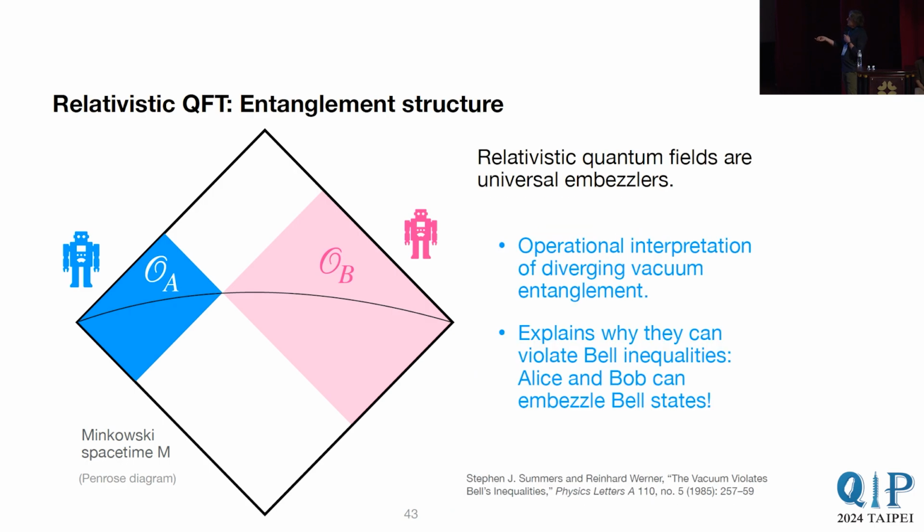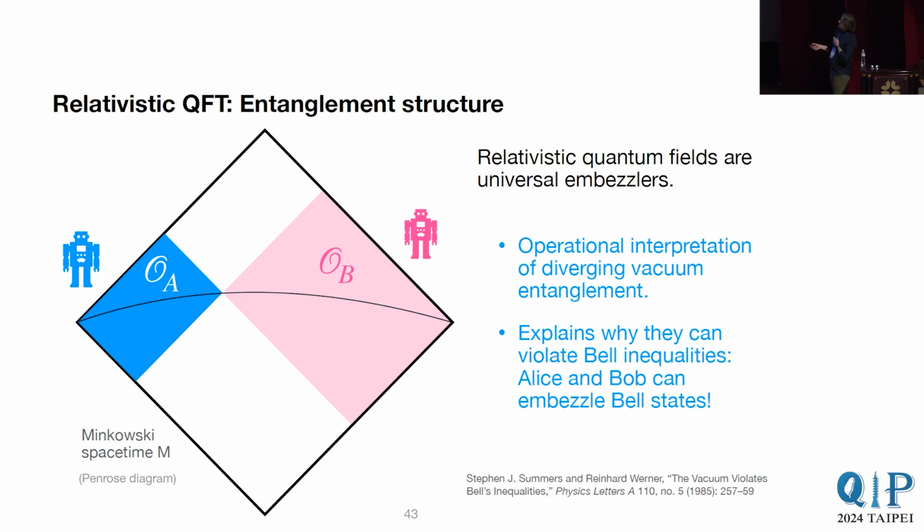What I think is particularly nice about this, or we think, is that it gives a very nice operational interpretation of the diverging entanglement structure you have in the relativistic vacuum. In particular, there are some older results by Reinhardt and also Stephen Summers that tell you that you can violate Bell inequalities maximally in the vacuum state in relativistic quantum field theory.